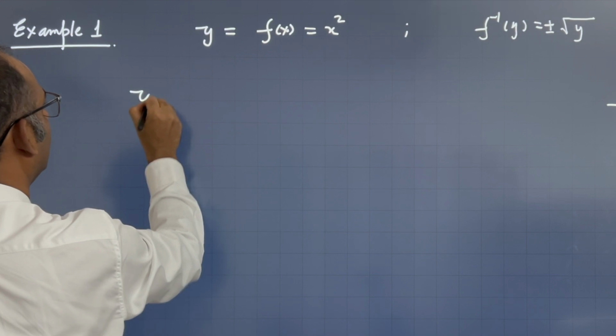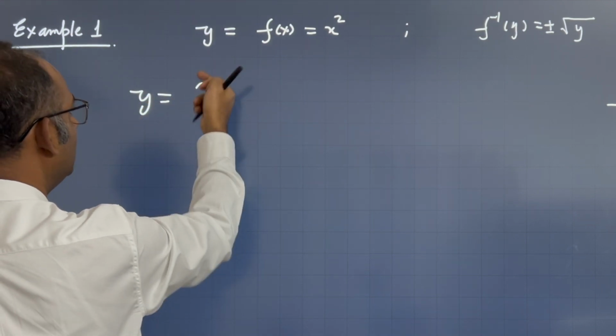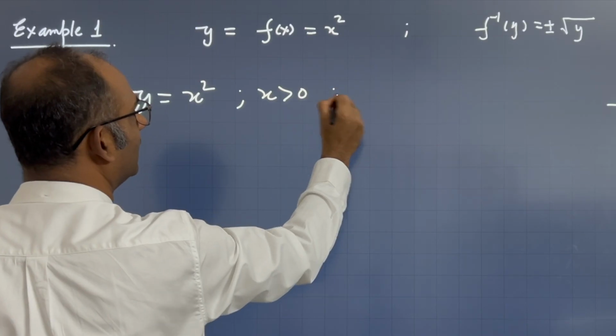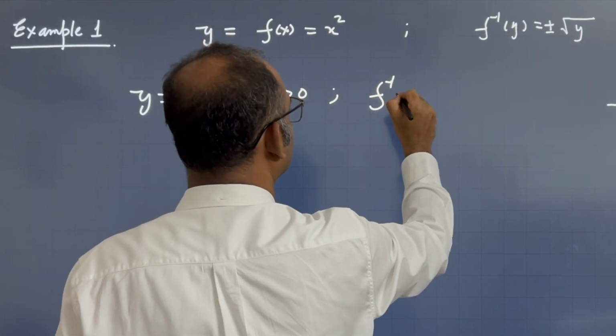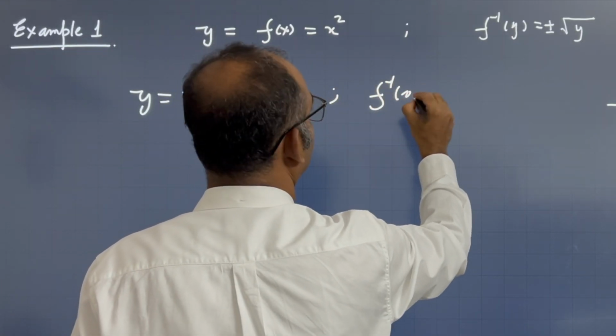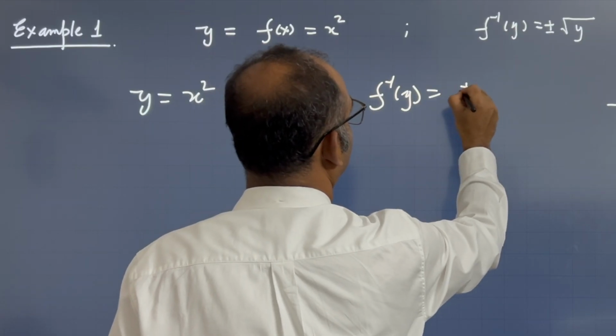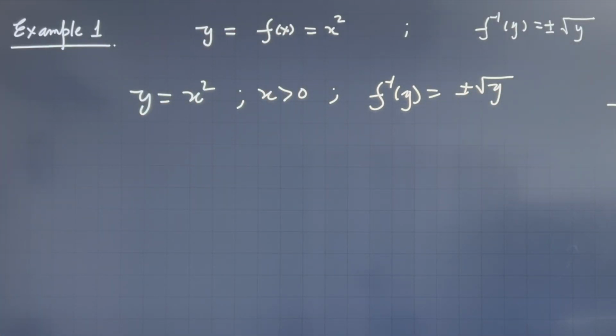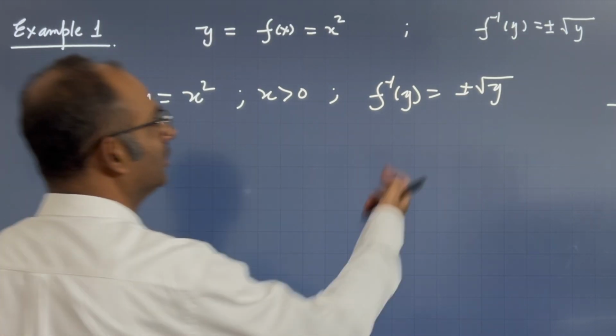So if I take y equal to x square with x greater than 0, then f inverse of y is plus root y.